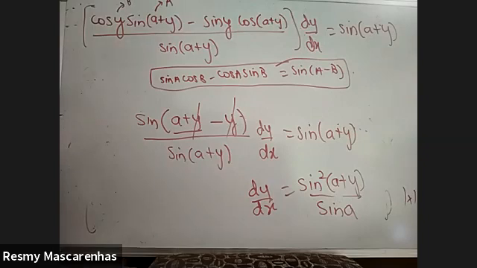Now you have to move on to the parametric type. So the last two parts, that is the parametric and higher order derivatives, 90% of the times in the paper you will get questions on those types. For this one there are very few chances of it coming, but in the worst case it comes, it will come up to 2 marks. But if it's a 4 marks problem, then it will definitely be from parametrics or higher order derivatives.